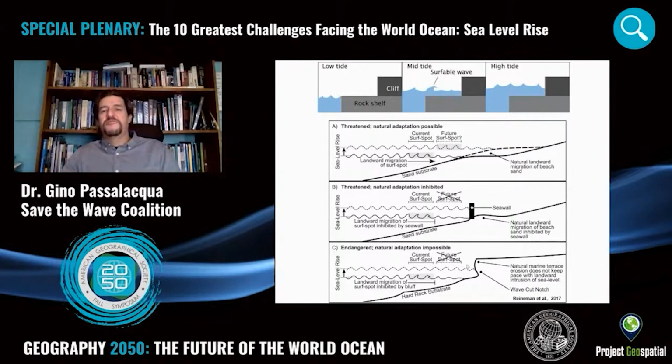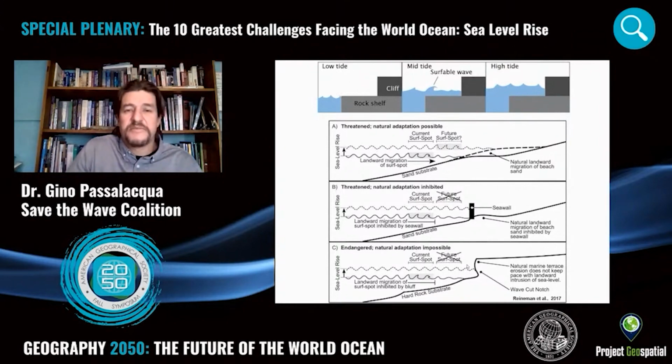So in this case, the surf ecosystem disappears. And there's a third scenario where natural adaptation is impossible due to a cliff that doesn't allow that landward migration of the surf spot.